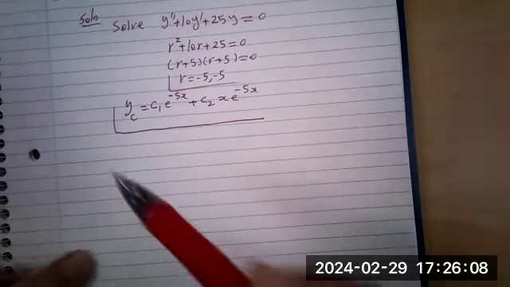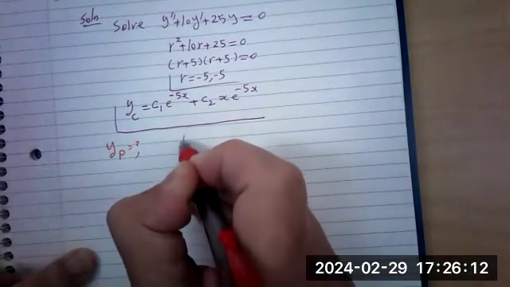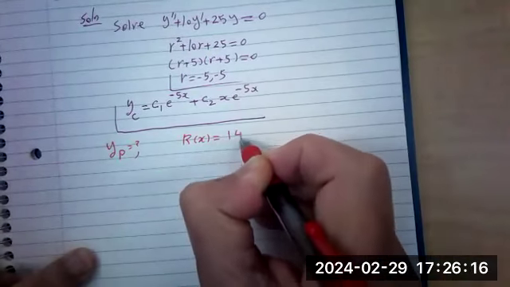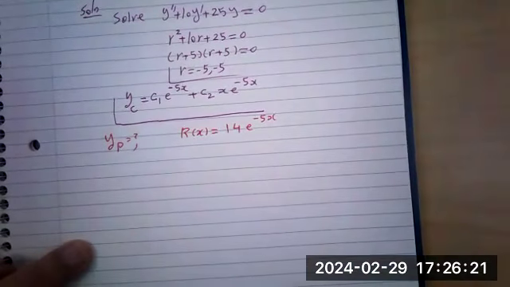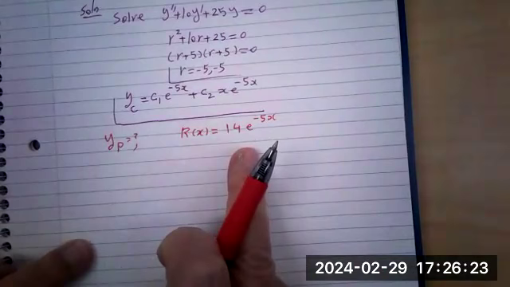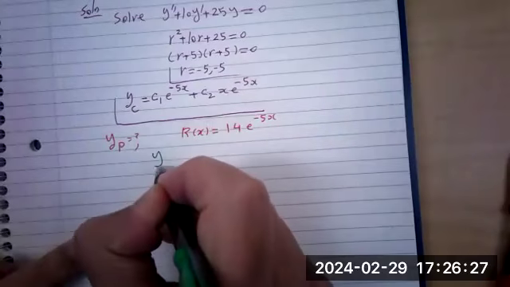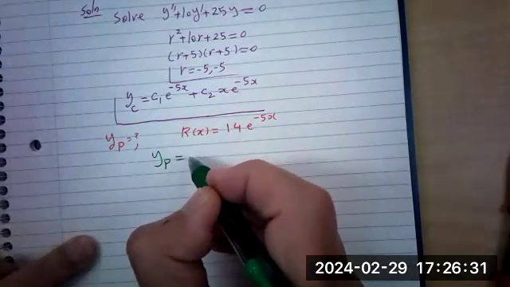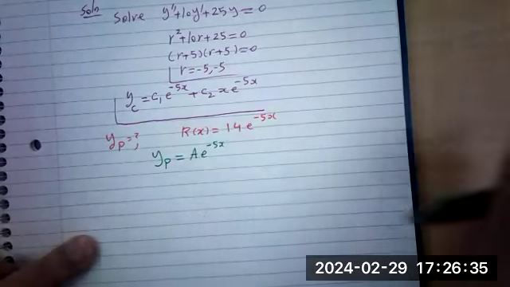Okay, so we need the yp. Bring the r of x and compare. r of x is 14e to the -5x, a constant polynomial times e to the -5x. So the suggestion for yp would be something like a e to the -5x.